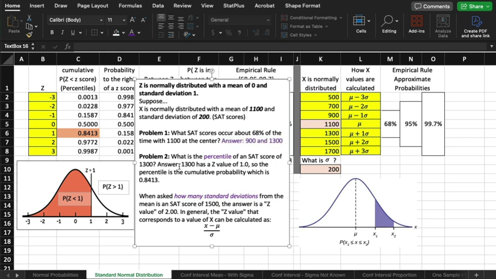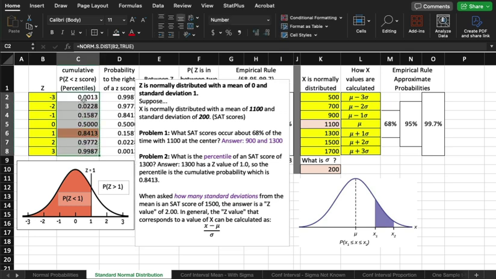Problem number 2: what is the percentile of an SAT score of 1300? For that, we need to look at our percentiles column. The percentiles are found in column C because they are calculated areas corresponding to those z-scores. We know how to calculate those areas. We do not know how to calculate areas of SAT scores. So that's why we have to go back and forth, okay?